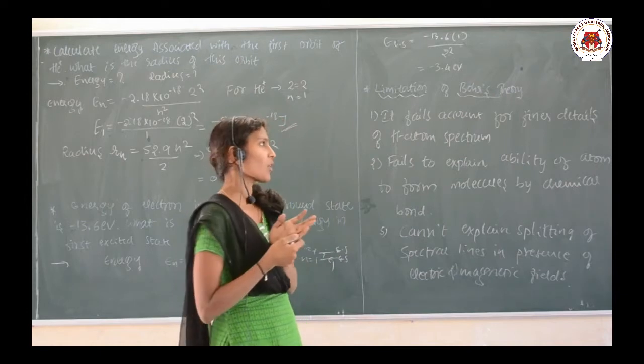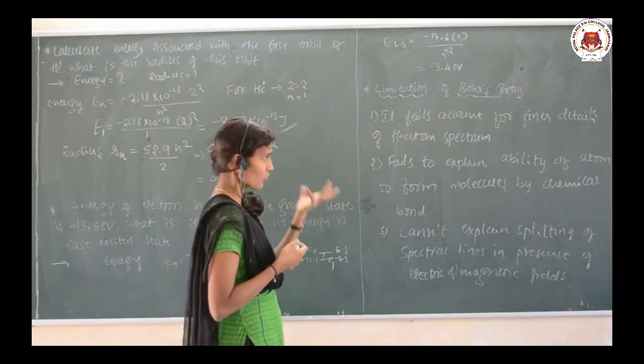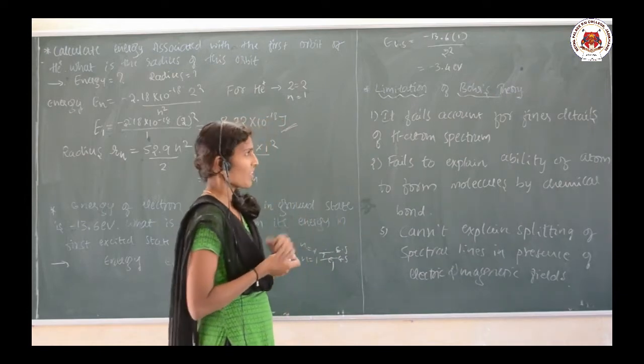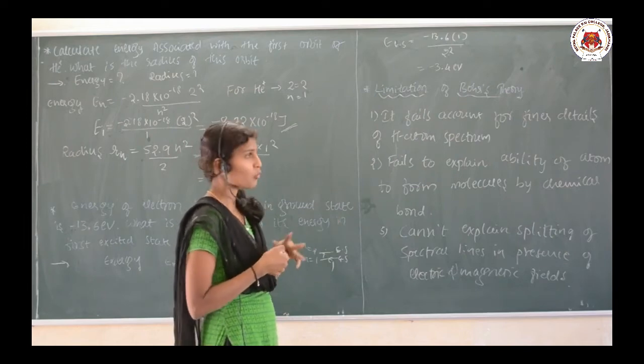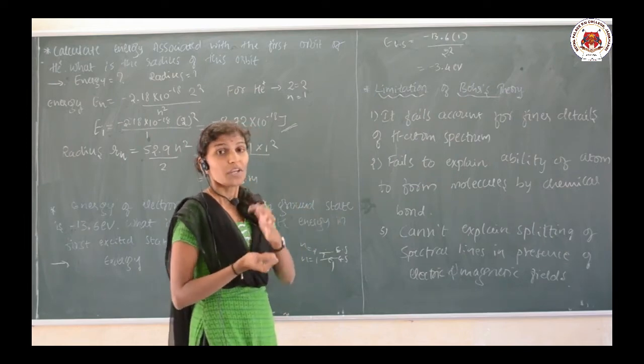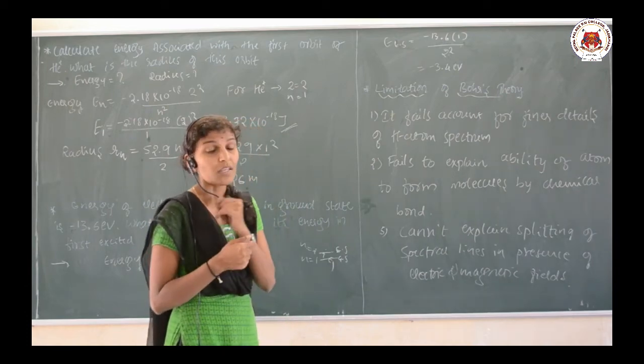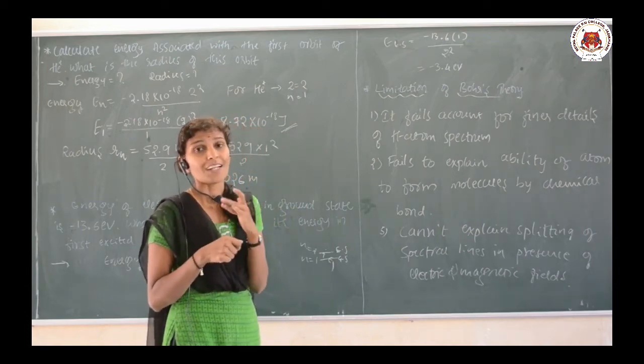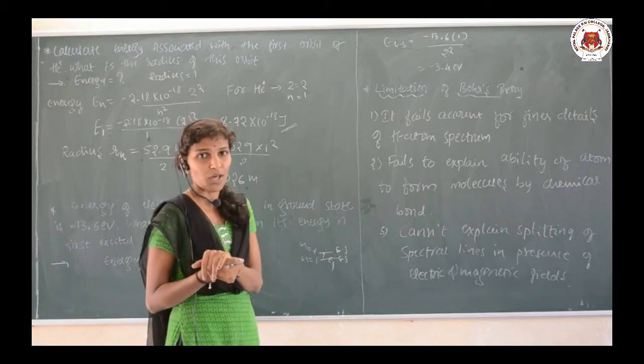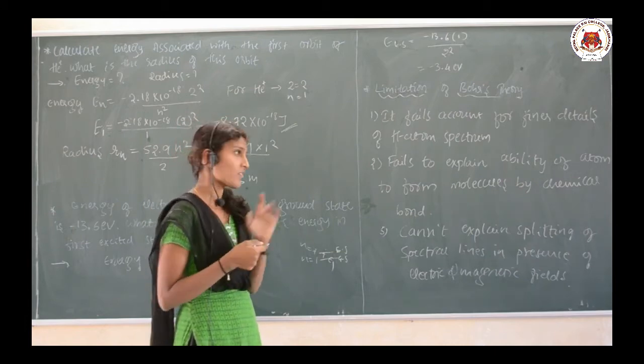There are a few limitations, I have chosen only two or three of them, and they will rarely ask about this, but they will definitely ask you to explain the line spectrum of the hydrogen atom. During that time, the series, the n1 value, n2 value and the wave number relationship, that formula you need to write as points.